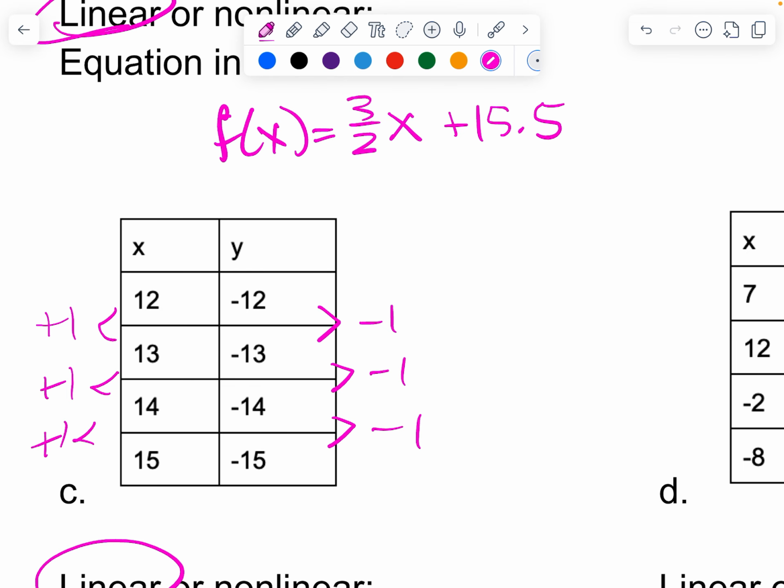So if it's going down by 1, so if I went back 6, this is plus 6. So here we have negative 18. If I go back 6 more, that's 0. 6 more, that's negative 24.